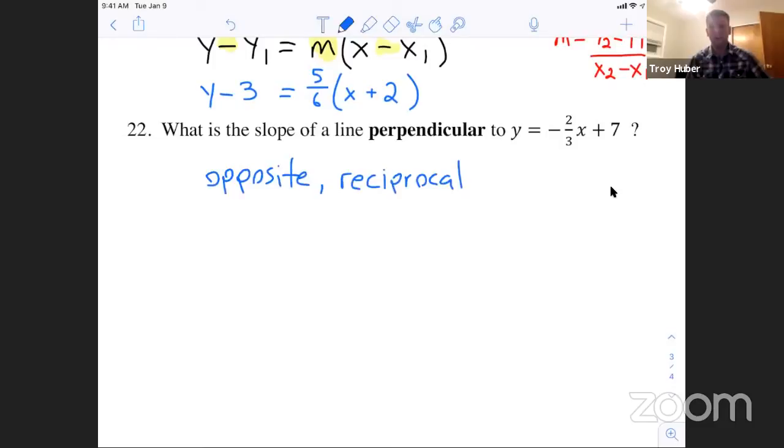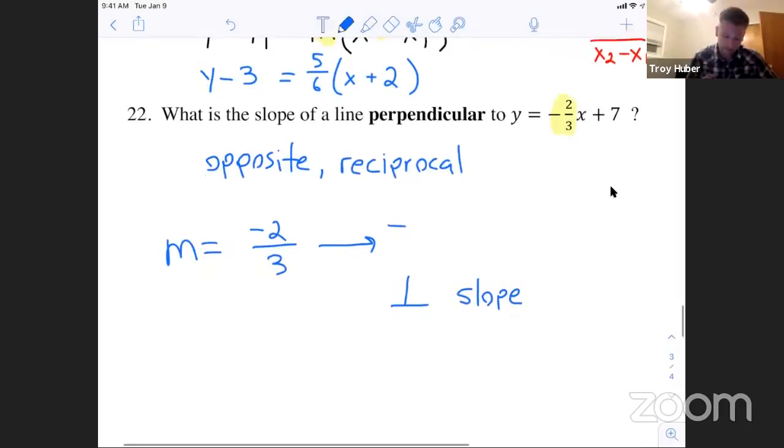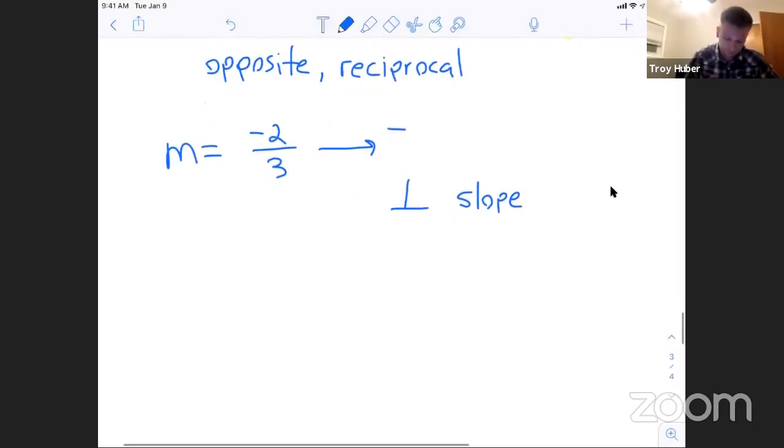Our slope here is negative 2/3. Our perpendicular slope does the opposite, so instead of negative, it becomes positive.